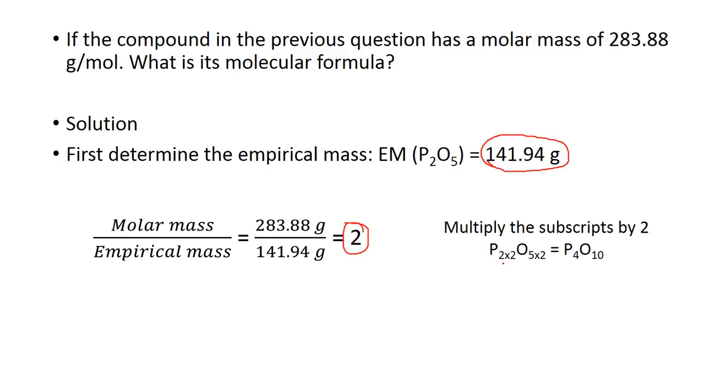So in this case, we multiply the 2 times this 2, and then multiply the 5 here times 2 to give us P4 O10. So this is the molecular formula of the compound. So that covers our empirical formula problem.